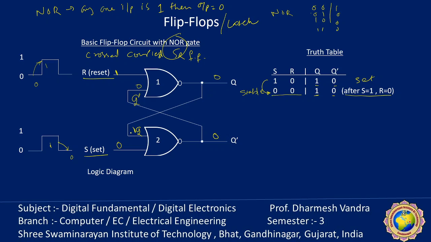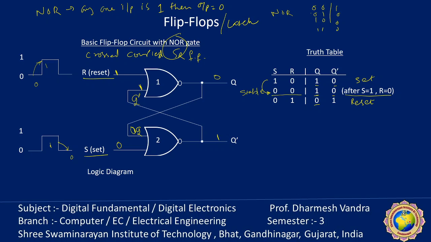And this 0 is passed here. 0, 0, the output is 1. This 1 is passed here. And 1, 1, it remains 0. So the final stable state is that if set is 0 and reset is 1, Q will become 0 and Q dash will become 1. So this is called reset.